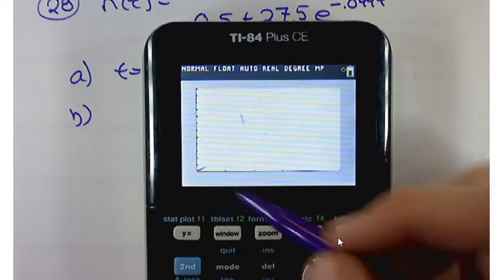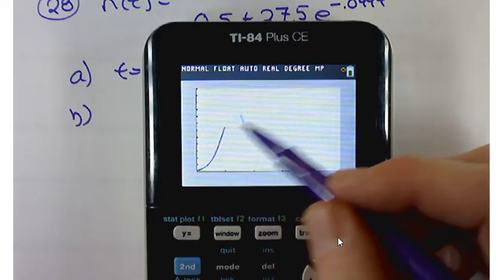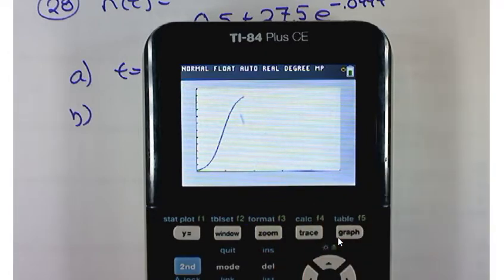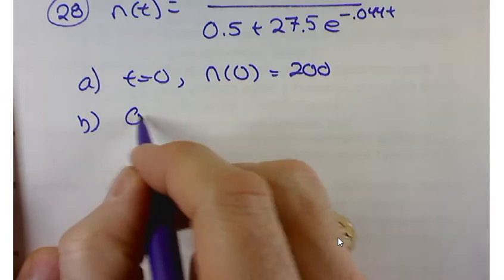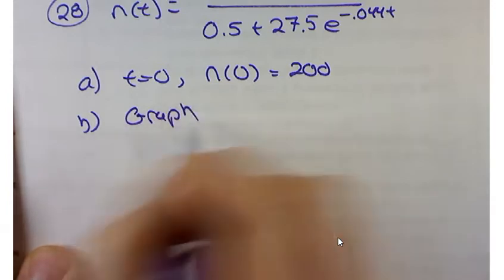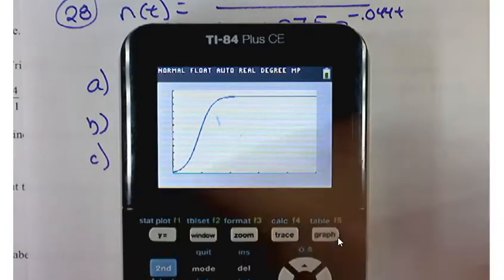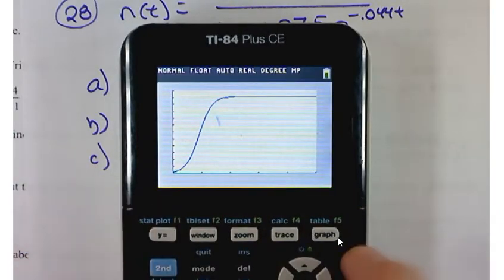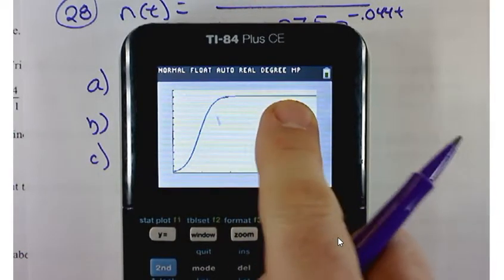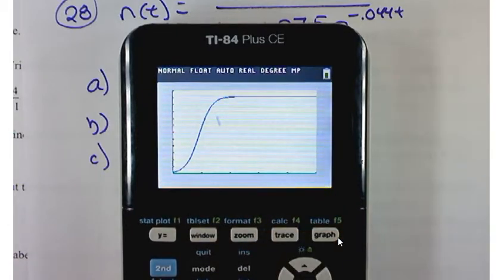And what you'll see is that the population takes off for a while, but not forever. What happens after a while with this population? Yeah, it levels off, right? So this is the graph, and the last little bit is it leveling off. So the question is, where does it level off? What is it leveling off to?